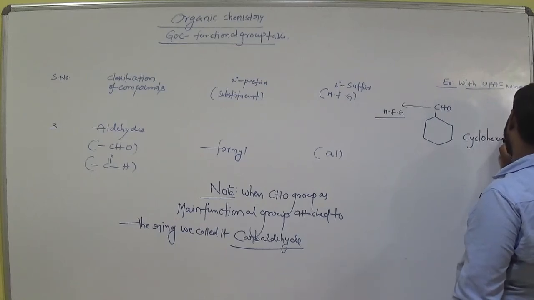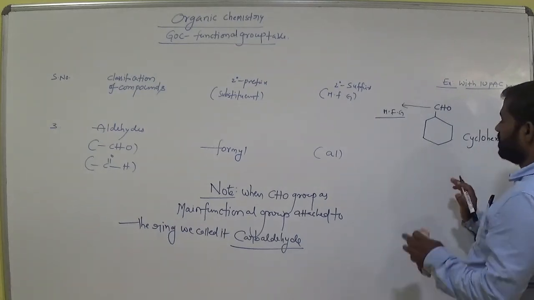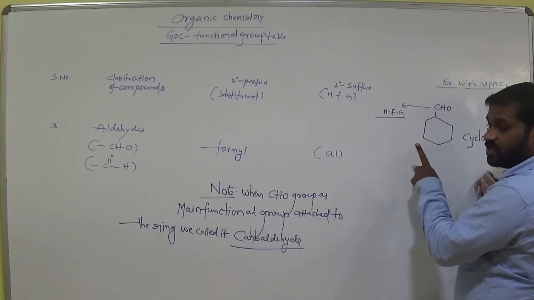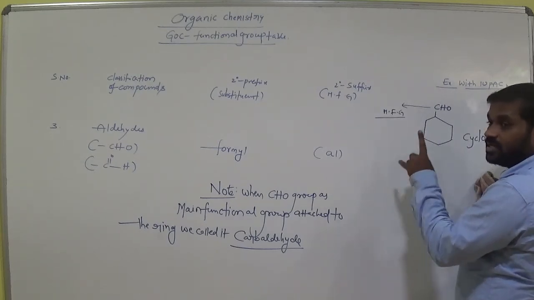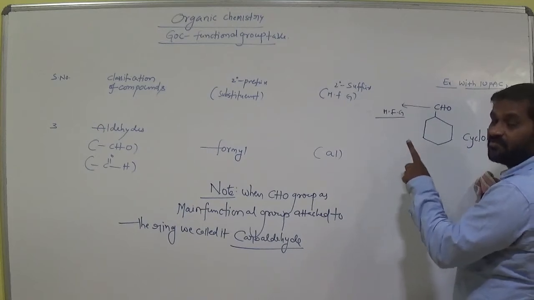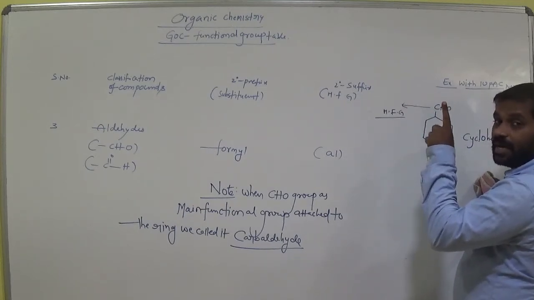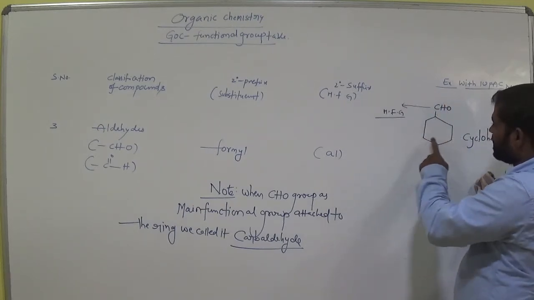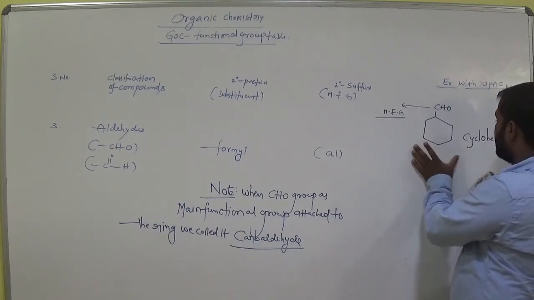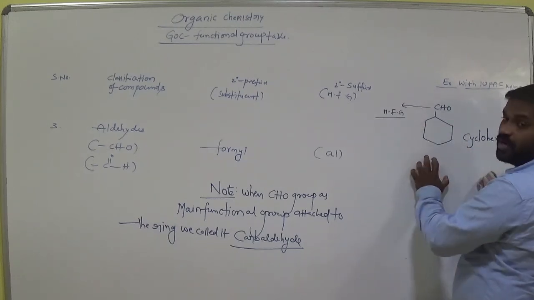So cyclohexane. Dear students, first go to the primary prefix. When the structure is ring-like or cyclic, then we use cyclo as the primary prefix. Then go for the root word. How many carbons?